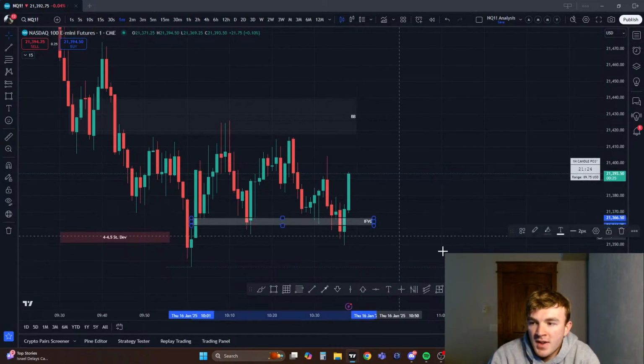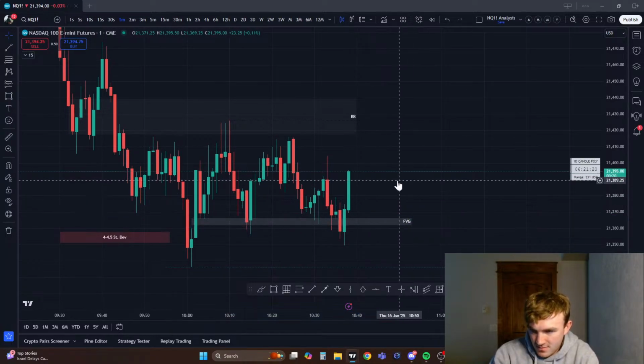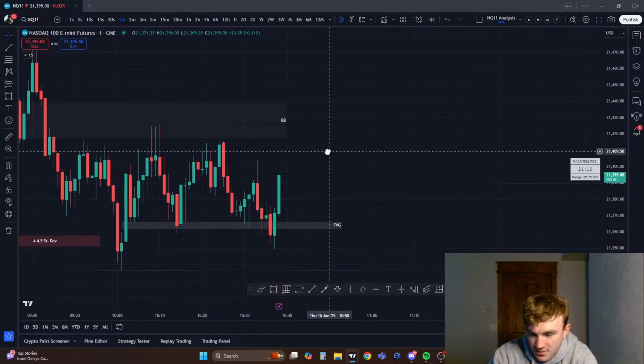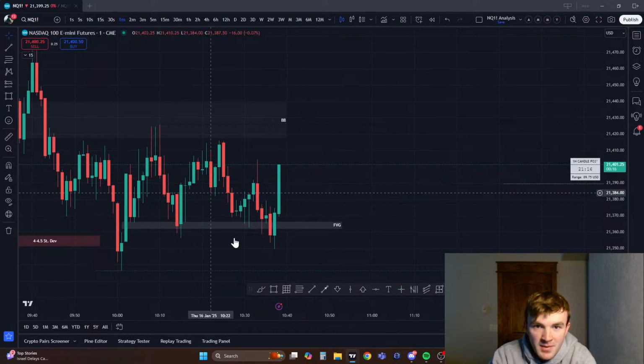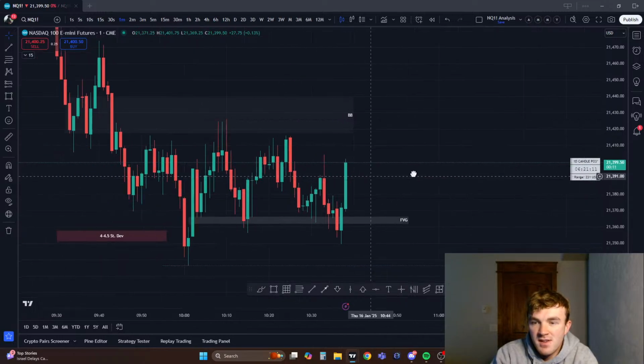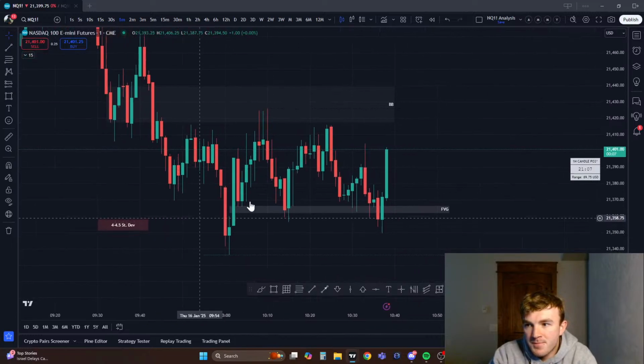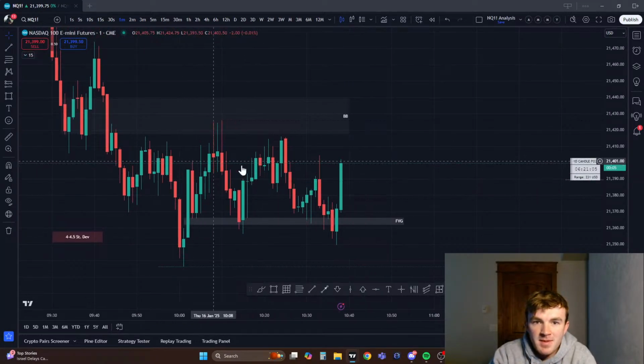Hey, this fair value gap is holding. That's why I didn't take this. Yeah, I want to see this become AMD. I'd love that. Let's see it happen. That'd be so cool.